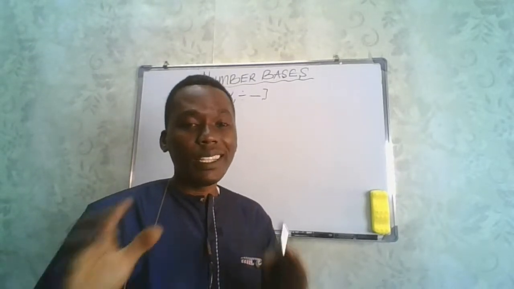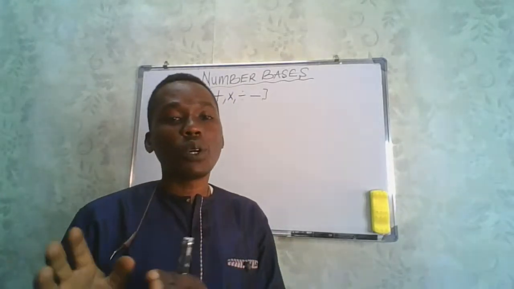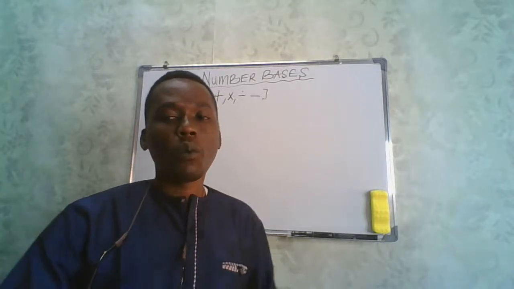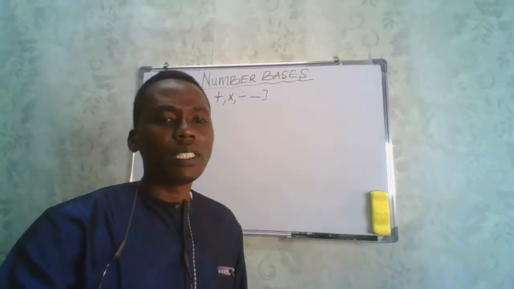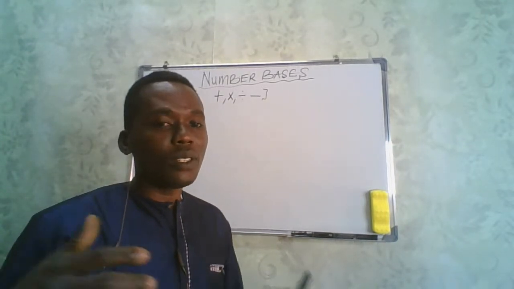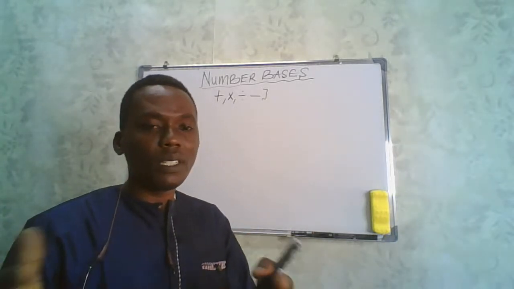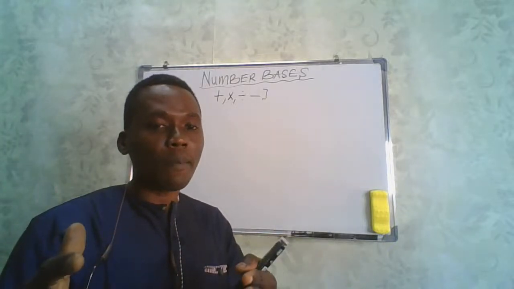Counting is normally done in base 10, and that is what we call the denary or decimal number system. That's the normal 10, 20, 15, 30 we count on a daily basis.